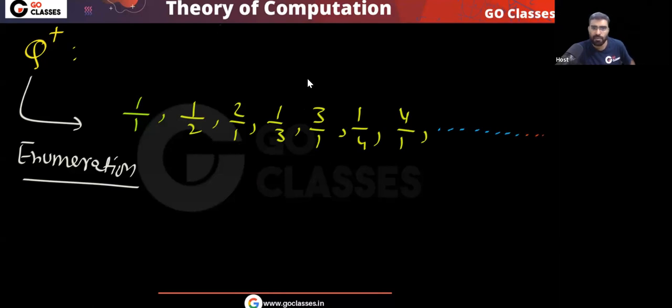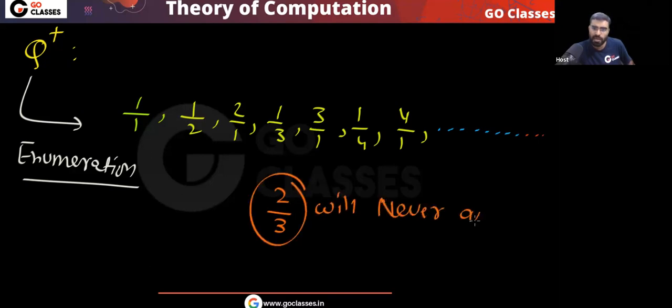For example, 2 by 3 will never appear. Agree with me? So like this, randomly you cannot give me an enumeration.